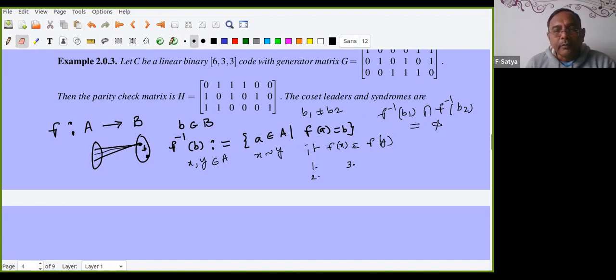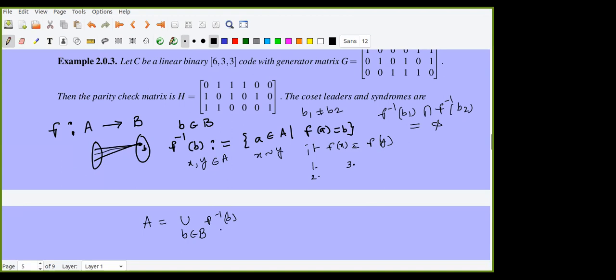And luckily, if it is onto, then every element has a pre-image. That's okay. But finally, what is happening? Now I can write A equal to the union over b belonging to B of f inverse of b. Are you following this part? Good.